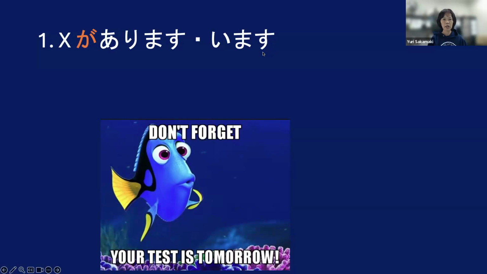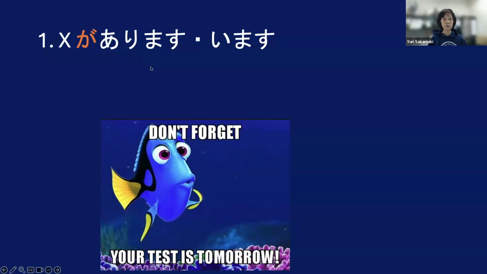is a dictionary form, imasu is exist. So they both mean exist, but you have to change the verb depending on whether you are talking about something that doesn't move or something or someone that moves. So if you want to say there's a test tomorrow, then we can say tomorrow the test exists. So would you use arimasu or imasu for the test? Test doesn't move by itself, so we're going to use arimasu.